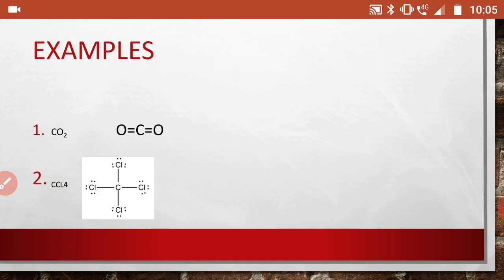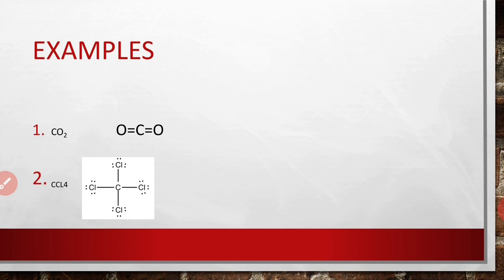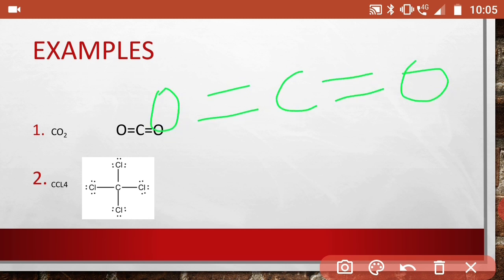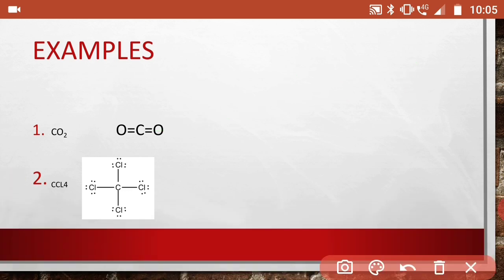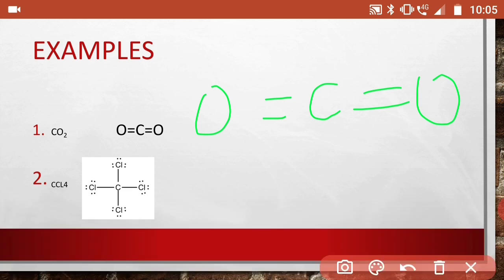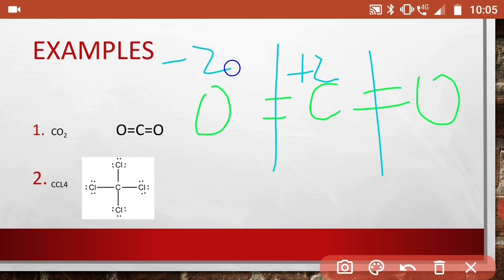Okay, next we see the example CO2, carbon dioxide. When we see the carbon dioxide molecule, C double bond O, C double bond O. Okay, we will break it. Carbon has the +2 charge, oxygen has the -2 charge, carbon has the +2 charge, oxygen has the -2 charge.